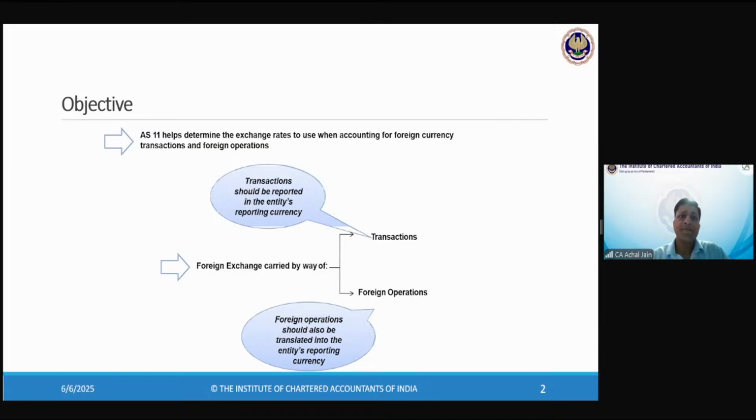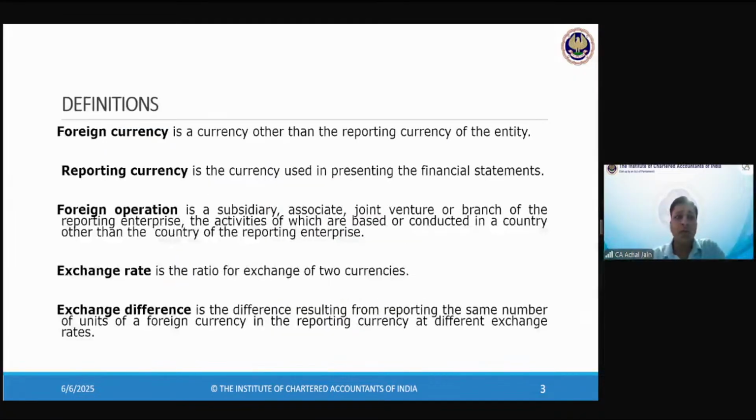Now, in relation to the types of operations which the entity can have, once again, we can have this bifurcation of operations of the entity into two categories. One that you call domestic operations. Second, which you may call foreign operations. Foreign operation means outside the country. Now this foreign operation could be in the form of a subsidiary, associate, JV, or a branch.